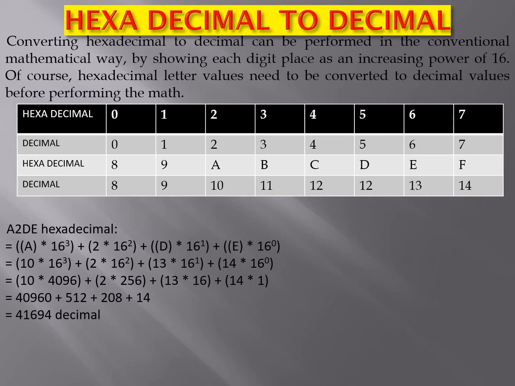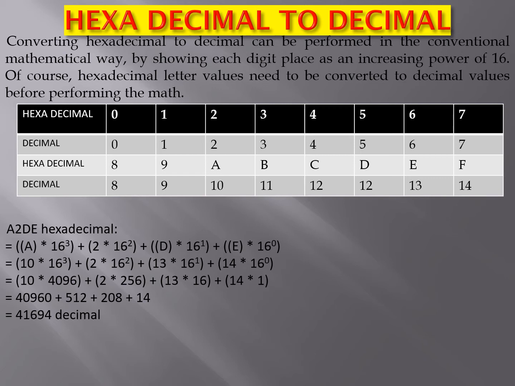Take the hexadecimal number A2DE. A into 16 power of 3 plus 2 into 16 power of 2 plus D into 16 power of 1 plus E into 16 power of 0.